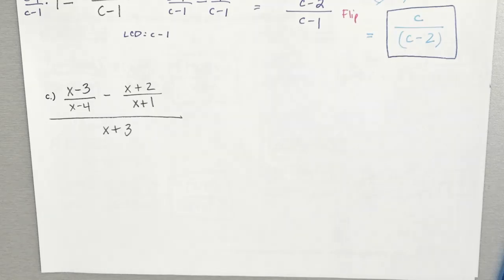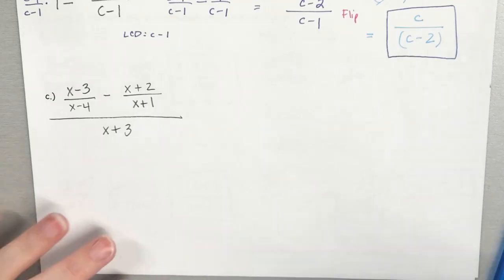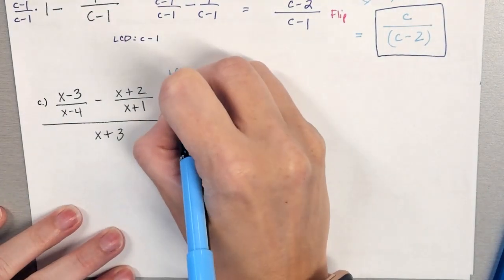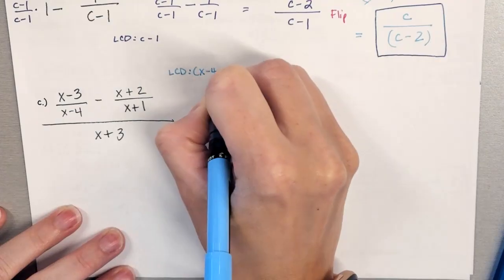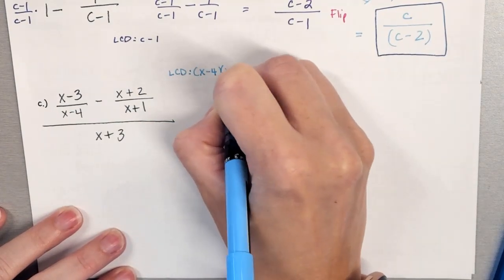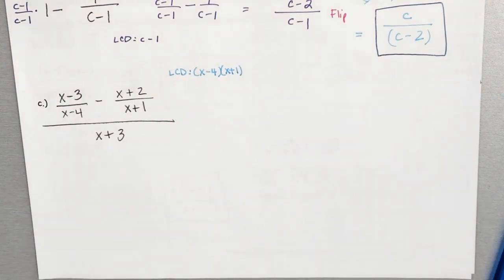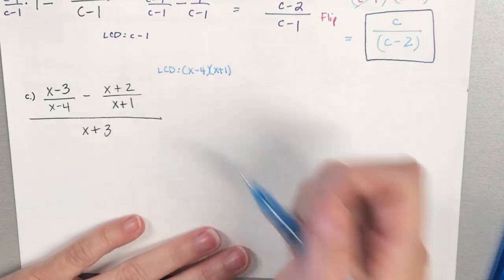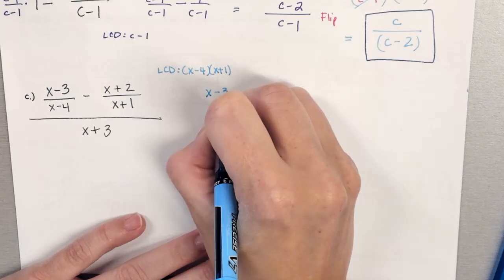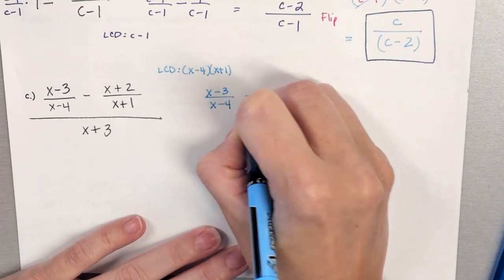Okay, so we're just looking at the numerator. Our LCD is x minus 4 times x plus 1. Okay, and then I'm just going to write this over here just so that you can see better what's happening.